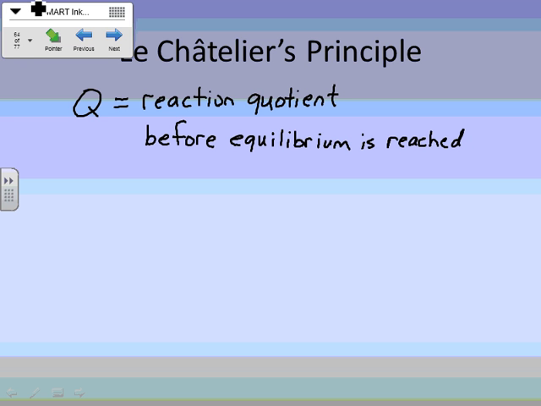Okay, so the time when you would use Q is when you've just put in the reactants, okay, and they haven't had a time to really get to equilibrium yet, and you're trying to figure out which direction is the reaction going to go to reach equilibrium. Okay, so that's Q.